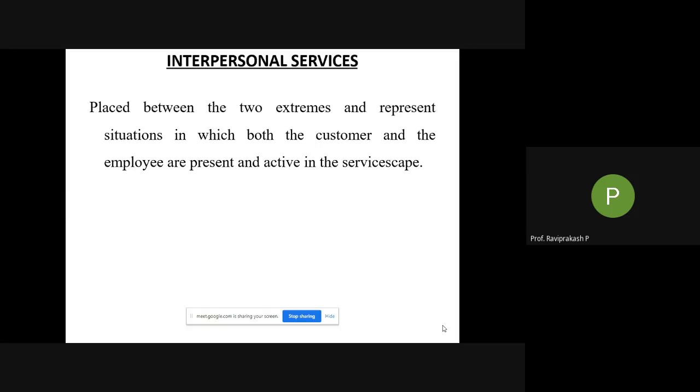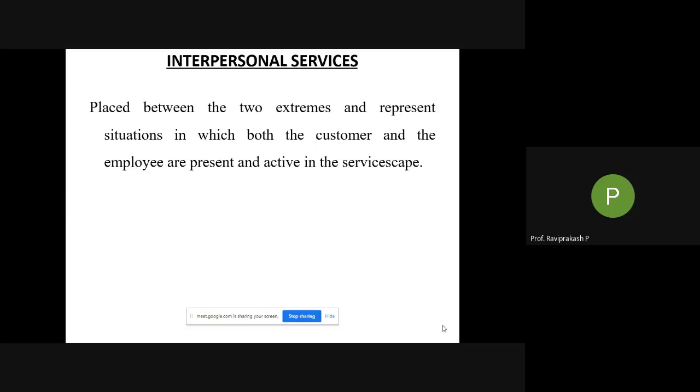One more example would be a bank. If you go to a bank, the service provider is there, you are there, and you tell him what facilities you need, whether to deposit money, take out money, or something else. Both people need to be there in a bank to get that service done. Another interpersonal example is airlines.